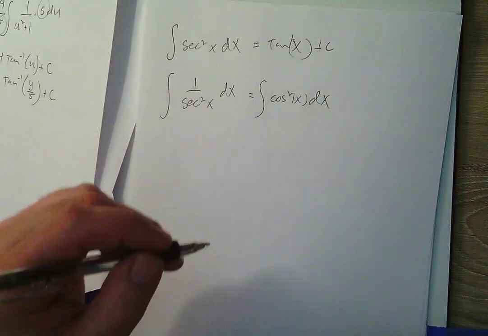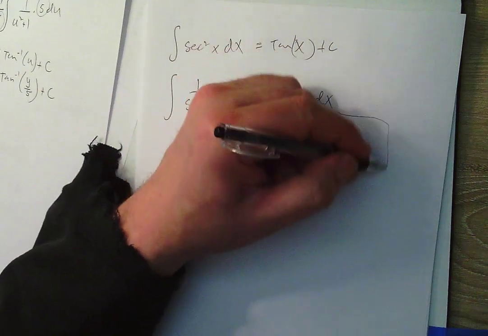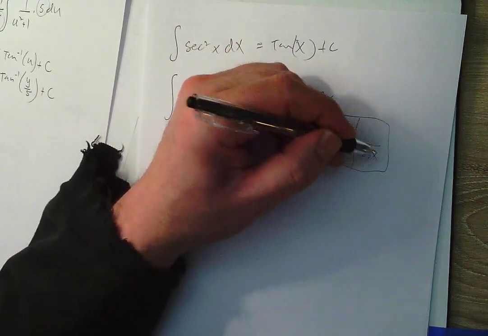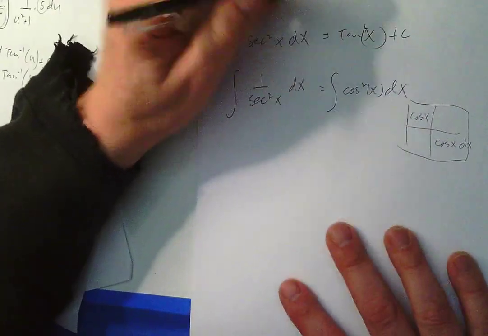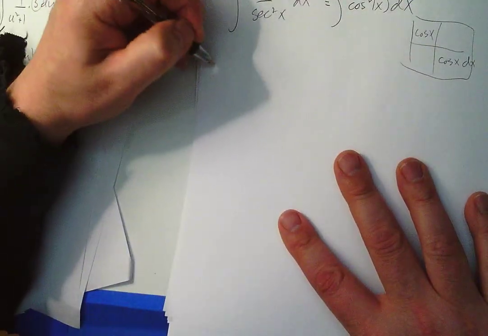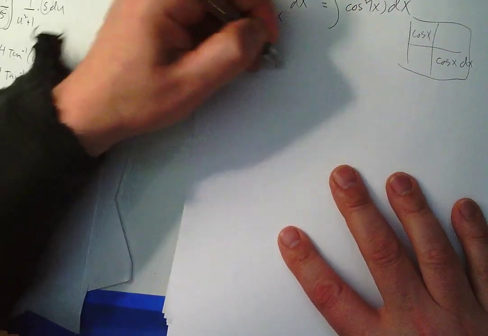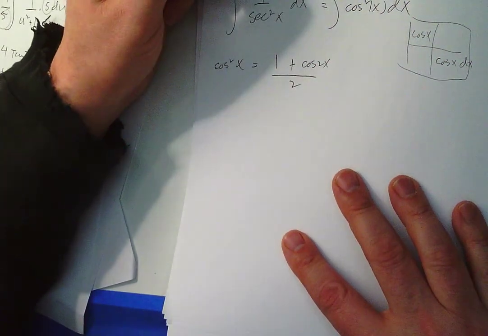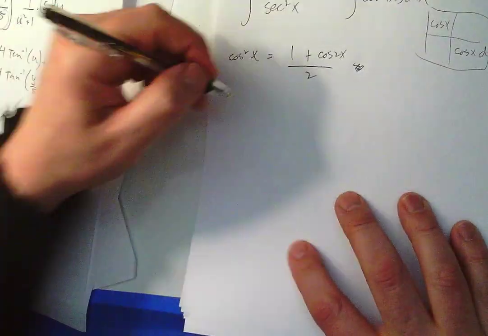There is a by parts approach to this problem, and I hate it, where you put a cosine here and a cosine here. So instead of that, I'm using my power reducing identity. And I remember that cosine squared x equals 1 plus cosine 2x all over 2.